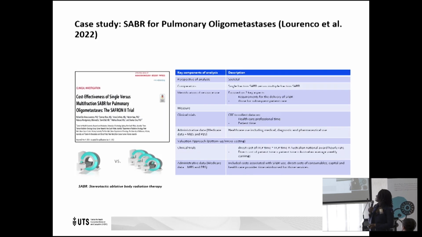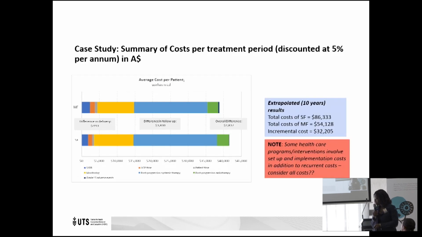So in summary, I think we've gone through this in detail, and you have it in your presentation slide deck, so you can have a look at the example that we went through earlier on. These are some of the resources, and it takes you through the perspective, the comparator, how you identify and how you measure based on this particular case study.